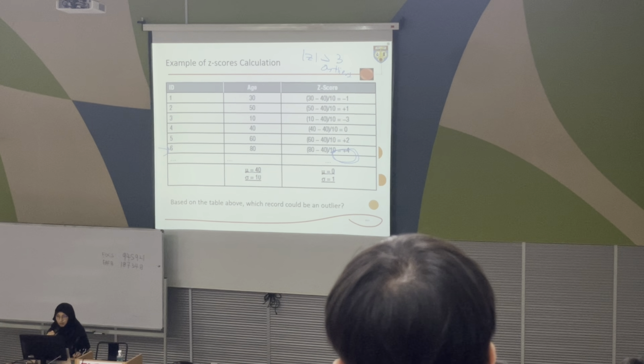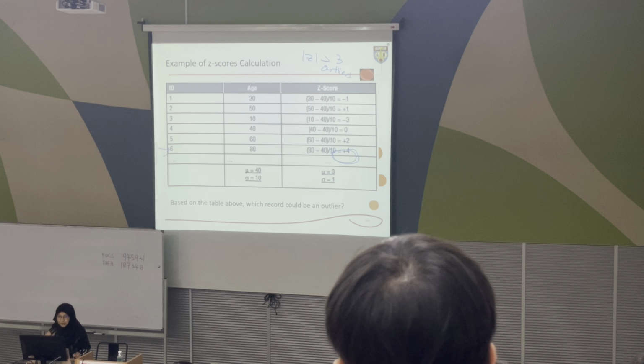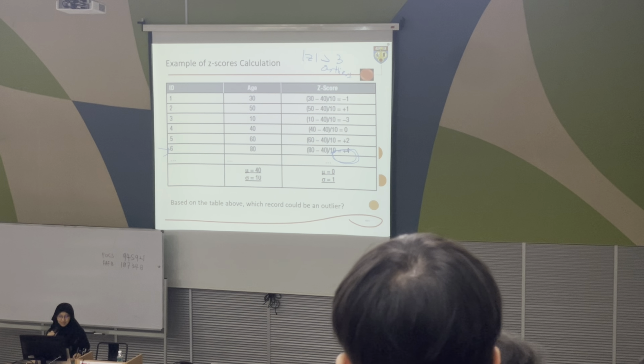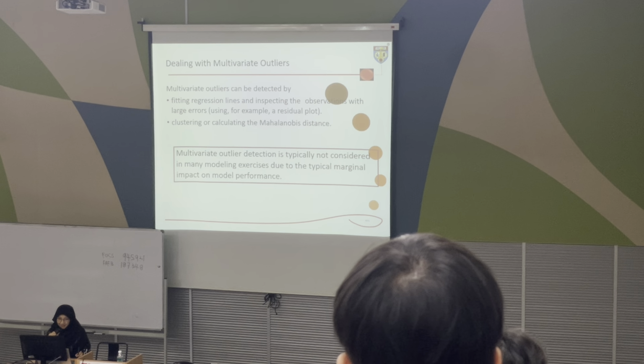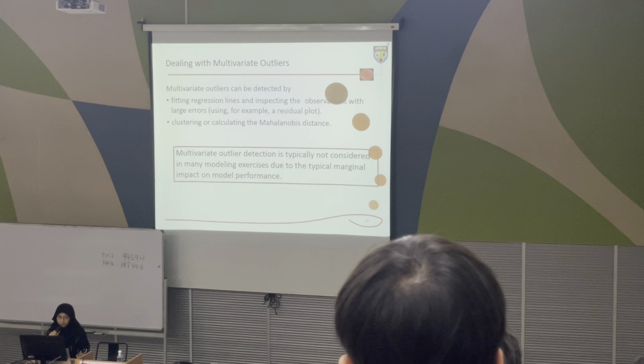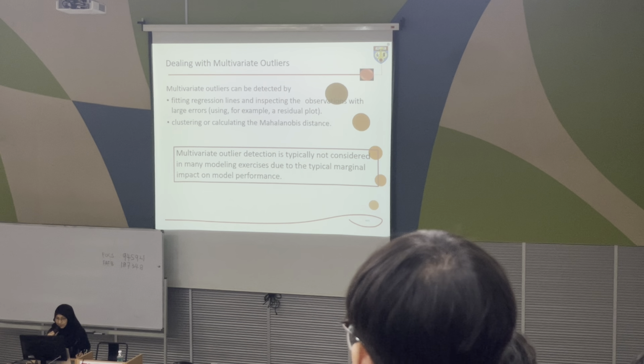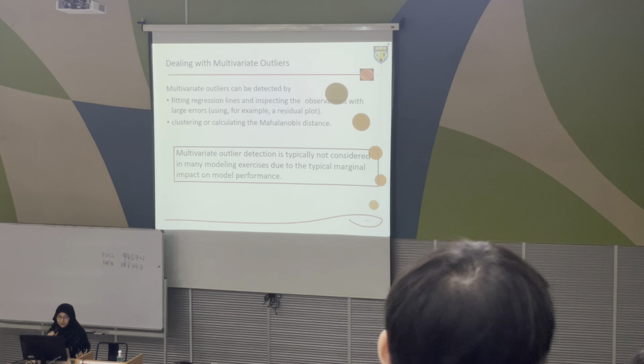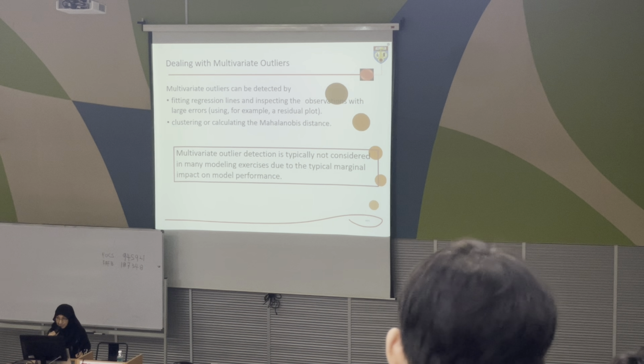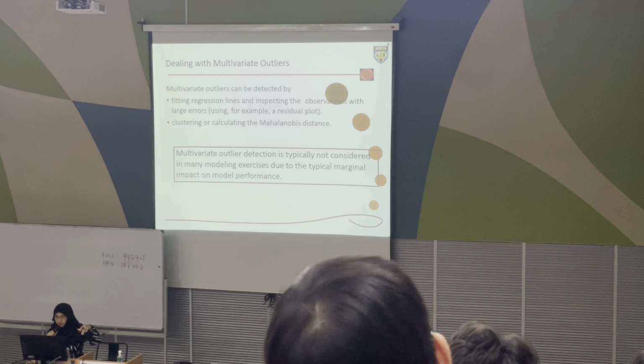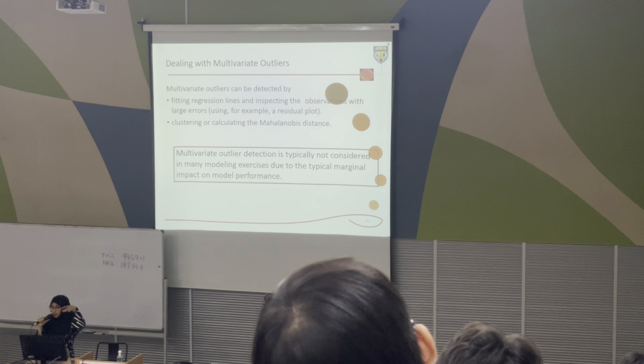So later on when you do your assignment, it depends on you. Either you want to use a histogram, or you want to use z-score or other techniques. Okay, and then if you have multivariate outliers, there are a few ways. Either you can calculate the outliers individually, for example for each column or each feature.